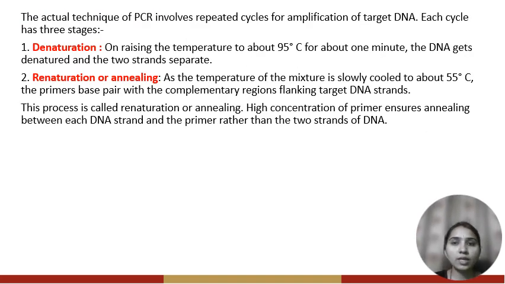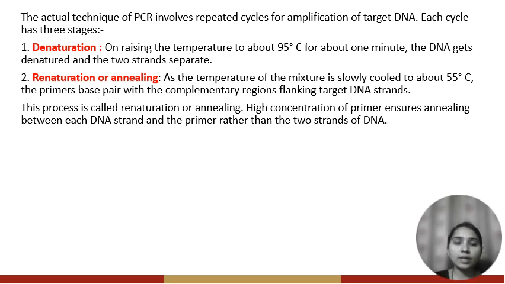So in the PCR, each cycle of the PCR contains three stages. First is the denaturation, second is the renaturation or annealing, and third is the extension. In the denaturation process, the temperature is about 95 degrees Celsius for 1 minute, so the double stranded DNA gets separated into single strands.